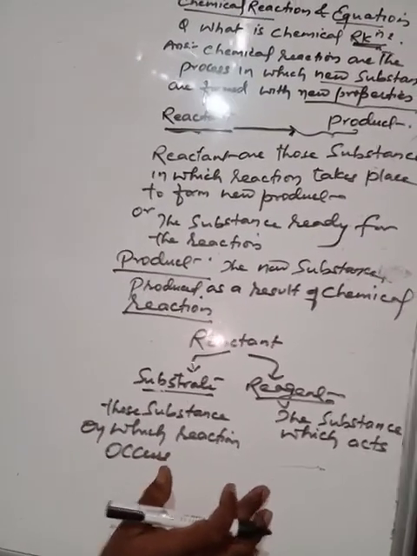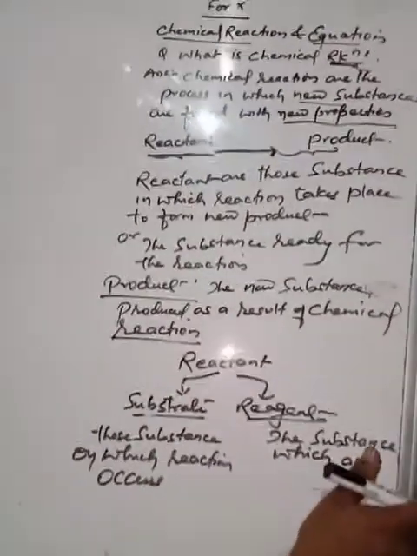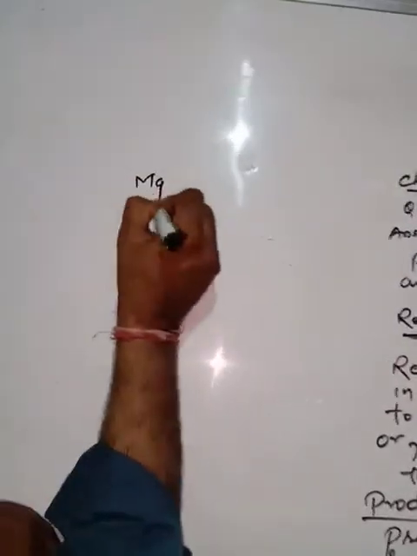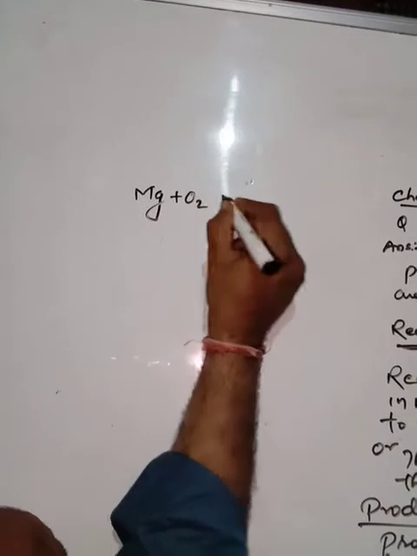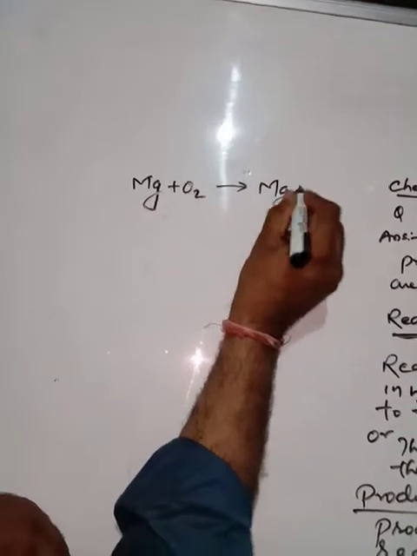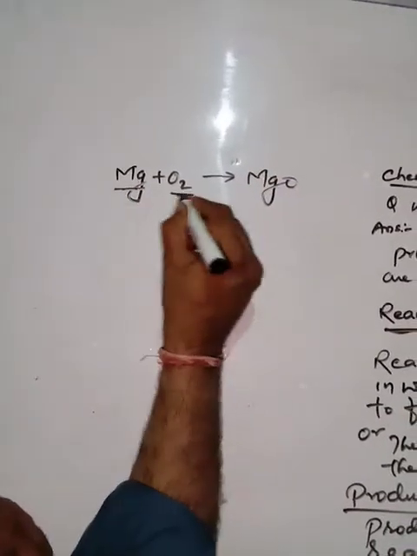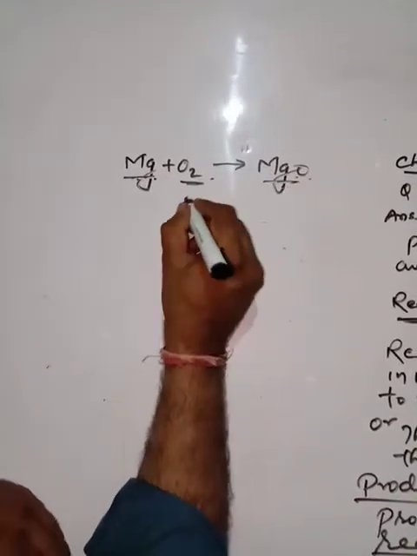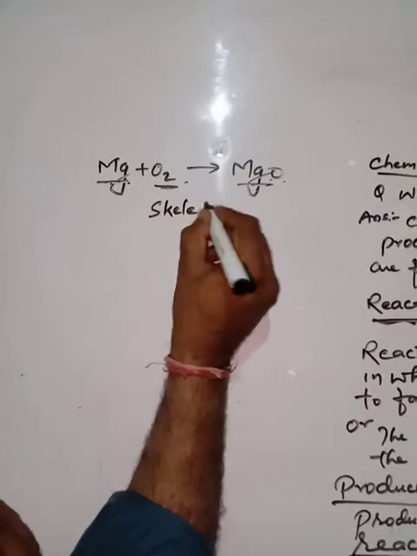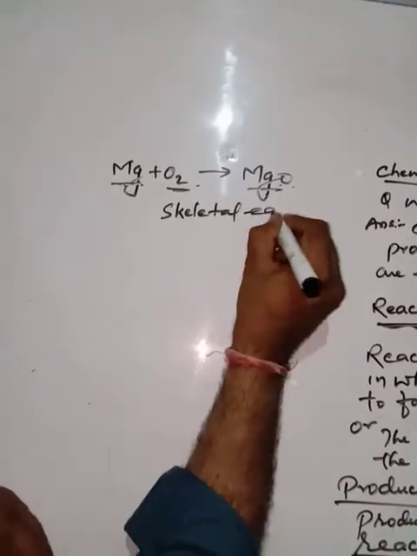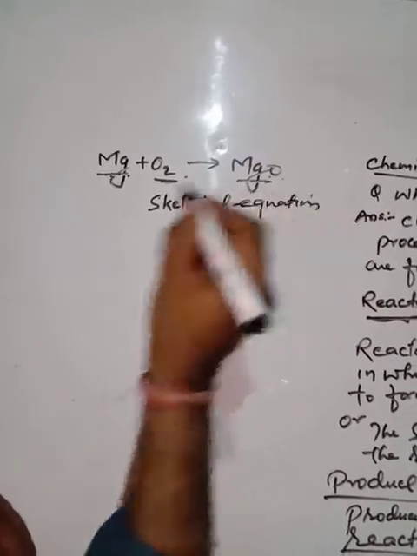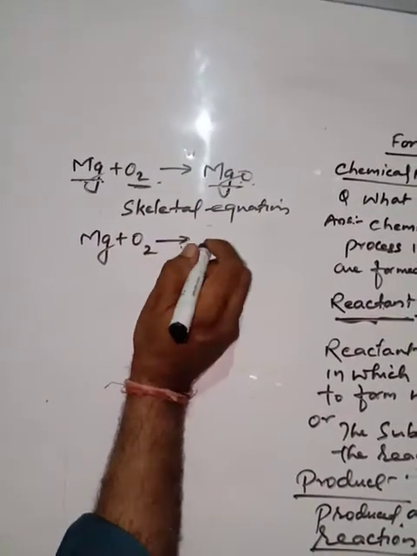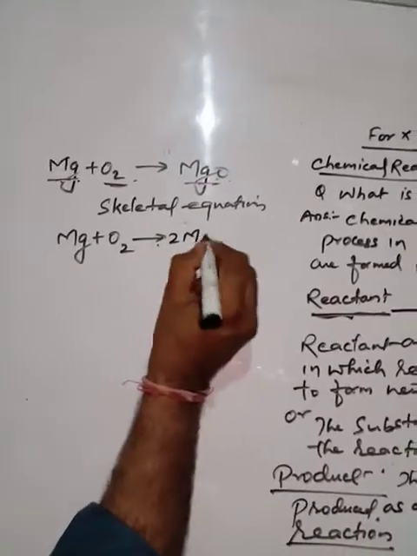This can be understood with the help of an example. Here magnesium plus O2 gives magnesium oxide. If the number of atoms is not the same on both sides, then such an equation is called a skeletal equation. I will give you the conceptual ideas later on how to balance the chemical equation.